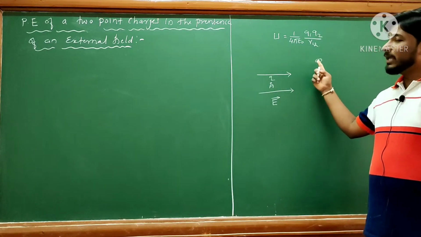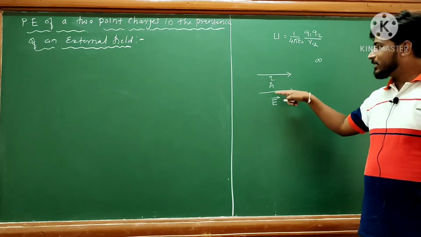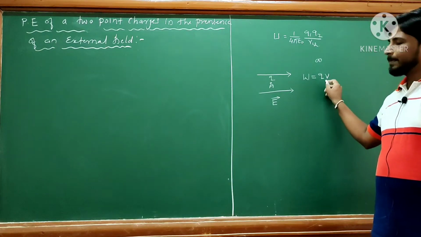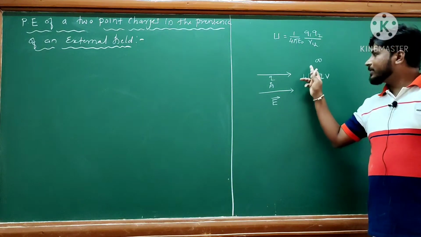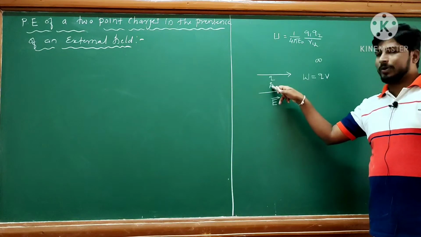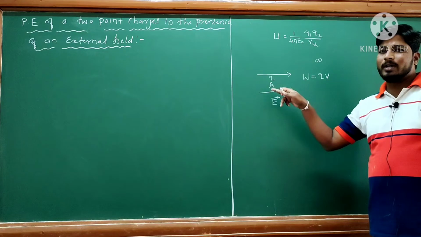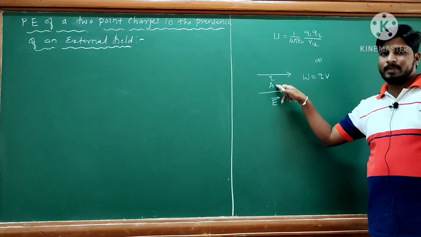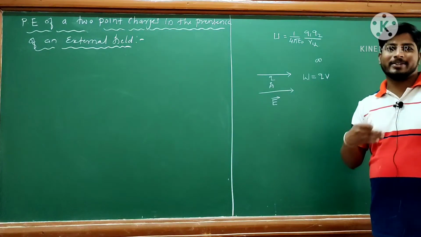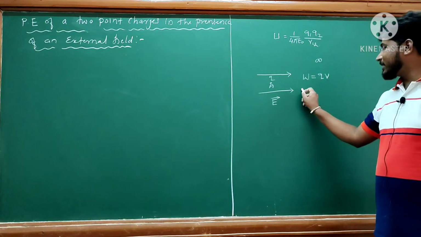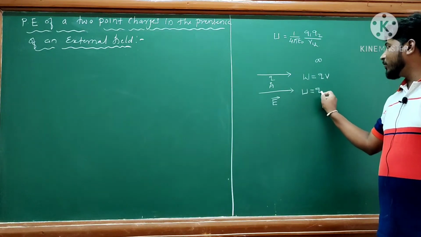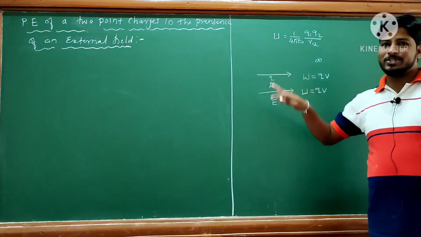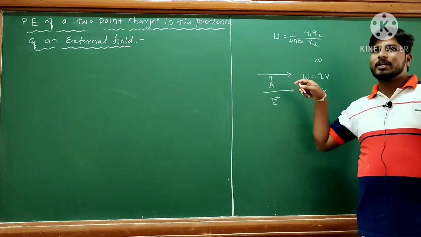The work done to bring this charge from infinity against this electric field is given by W is equal to Q into V. This work done is stored as the potential energy, that is U is equal to Q into V, where V is the potential due to this charge.